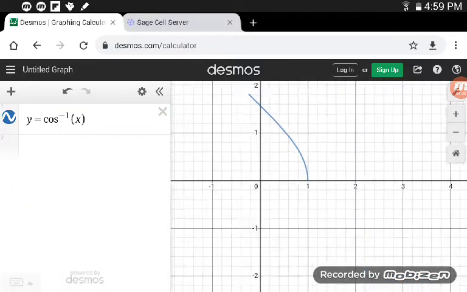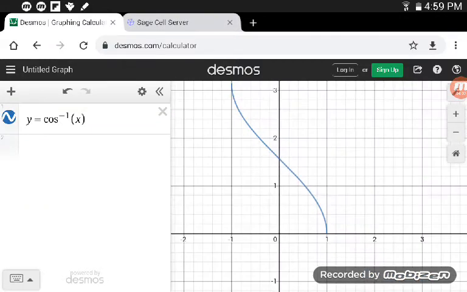We need to move it over here a bit. But what we see is, we don't hit 0 until here at 1, and then we never have anything past negative 1, right?